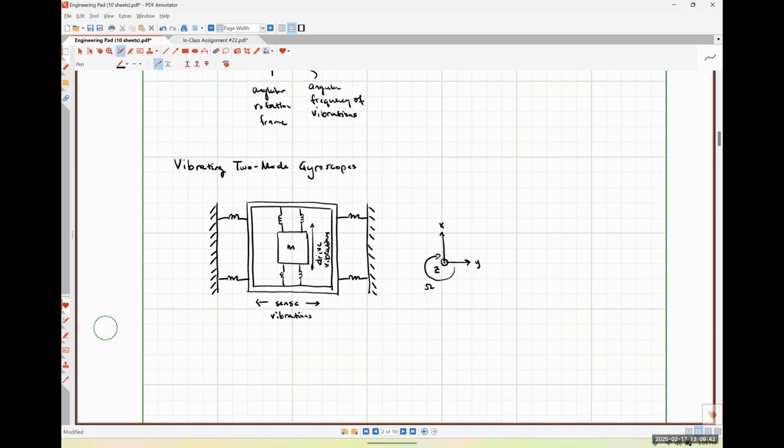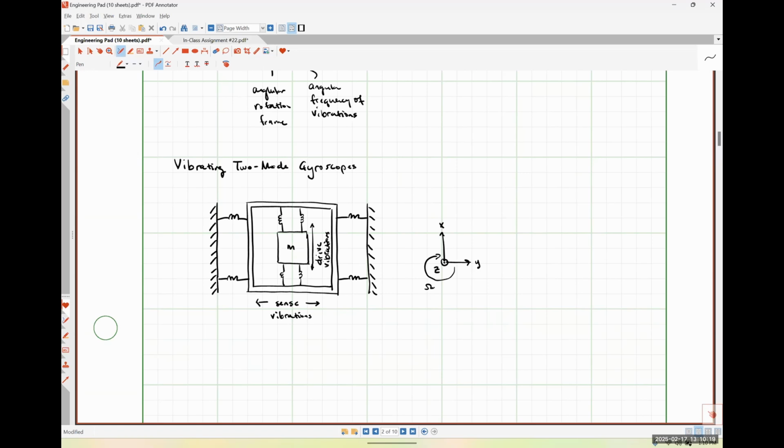So when I'm experiencing no rotation whatsoever, all I'm getting are those vibrations in the up and down direction. But as soon as this system experiences rotation, I should induce vibration left and right in the Y direction. And by measuring the size of those sense vibrations, it gives me an idea of what angular speed, capital omega, I have experienced.